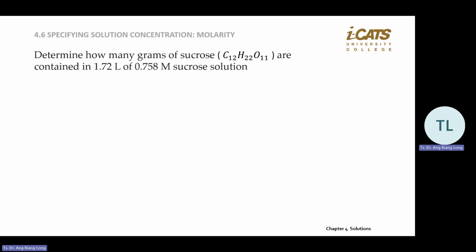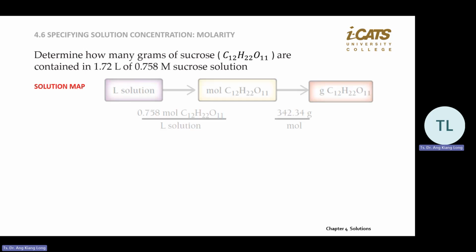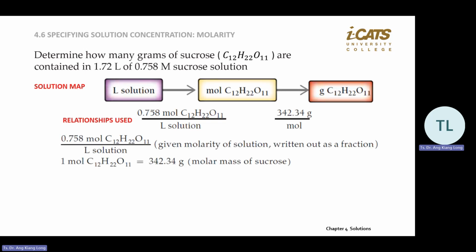So you are given the mole of this one, and you're given the total volume of the container of the solution. You know that 1 mole of sucrose equals 342.34 gram.